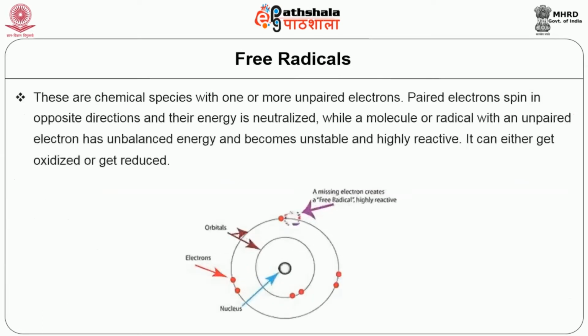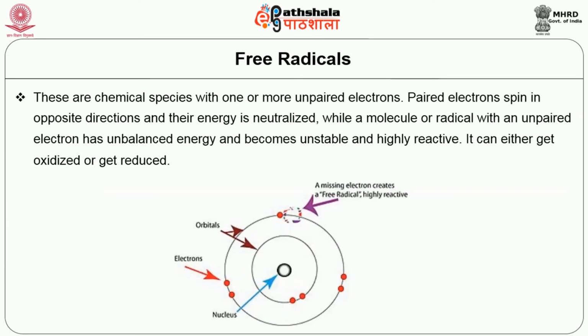Free radicals are chemical species with one or more unpaired electrons. Paired electrons spin in opposite directions and their energy is neutralized, while a molecule or radical with an unpaired electron has unbalanced energy and becomes unstable and highly reactive. It can either get oxidized or get reduced.